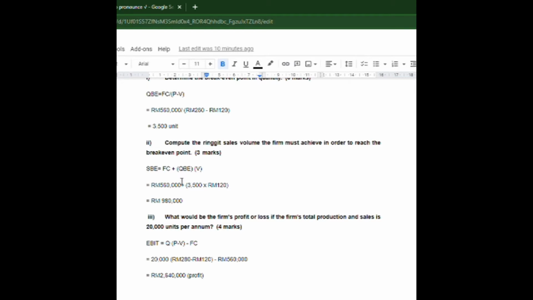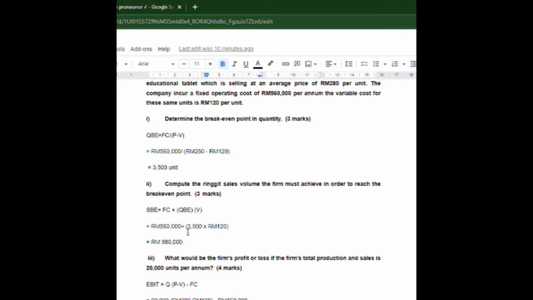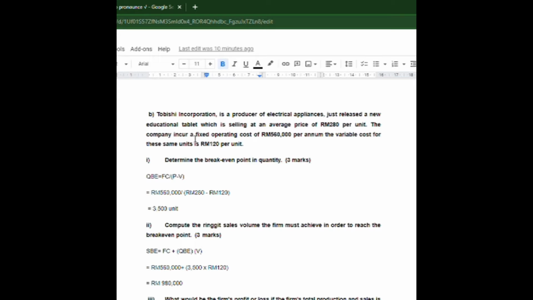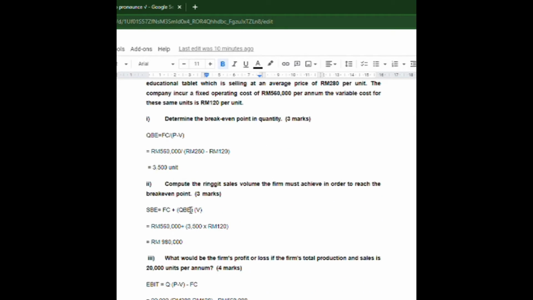The formula is FC plus QBE times V. The fixed cost is 560,000, as stated in the question, plus the QBE, which is 3,500 units, times 120. 120 is the variable cost. Then you get the answer 980,000 ringgit.